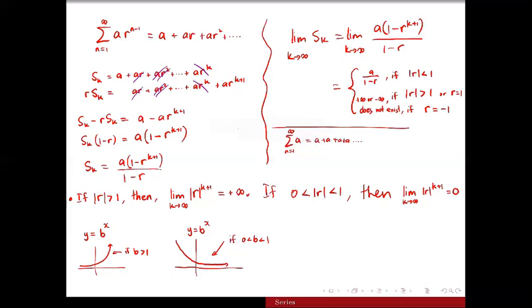I should have not included this guy here if I am looking at this. Okay, because we don't have that 1 minus r. But if only I am looking at this S_k, then I have this part here. Meaning, at this computation here, we are assuming r to be not equal to 1.